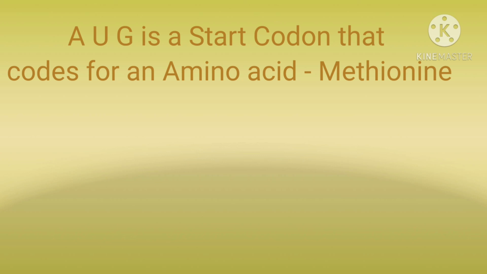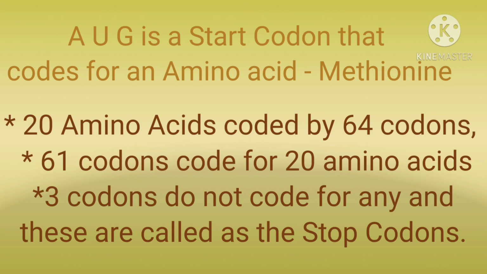Now, AUG is a triplet codon that codes for an amino acid methionine. Altogether, nearly 20 amino acids are coded by 64 codons, out of which 61 codons code for 20 amino acids and 3 codons do not code for any, and these are called as the stop codons.